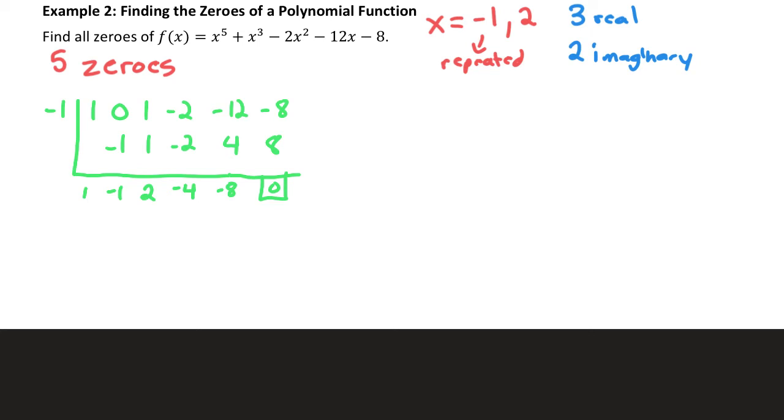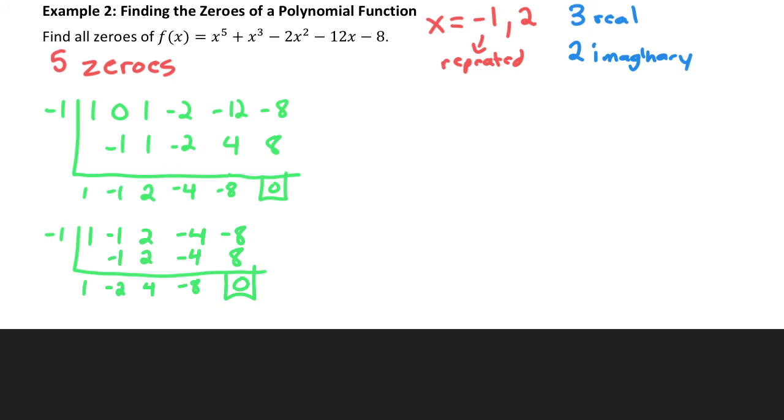What I'm going to do next is use that result and do my other solution of -1 since it was repeated. The difference with this synthetic division is I use what I left off with in the last synthetic division. So I'm going to run through this. Negative 1, 2, 2, 4, negative 4, negative 8, 8, 0.